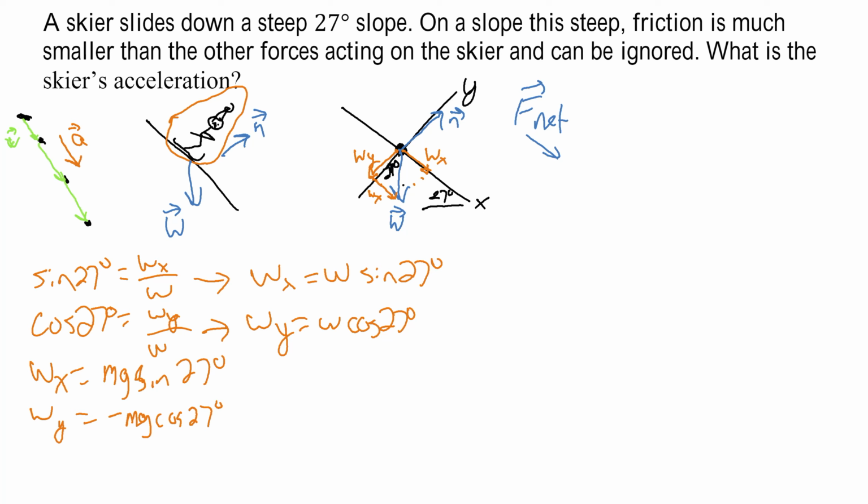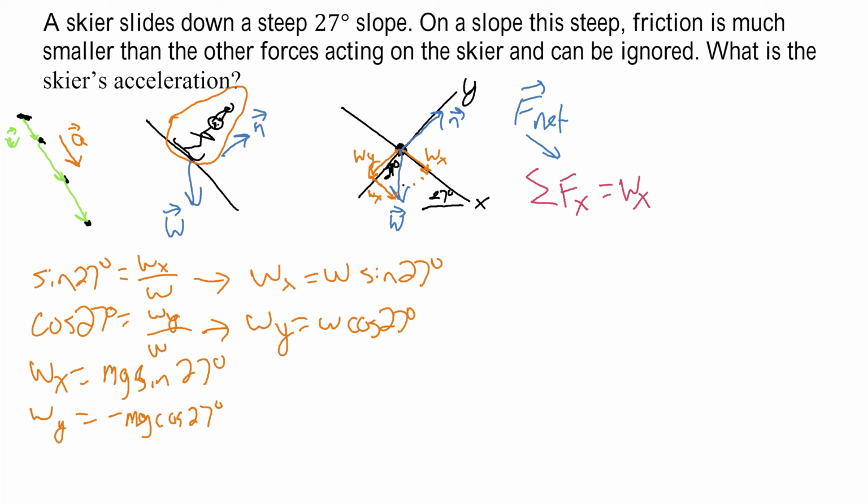So let me do that over here. We'll do the sum of the forces in the x direction. What do we have? All we have is the W sub x, right?